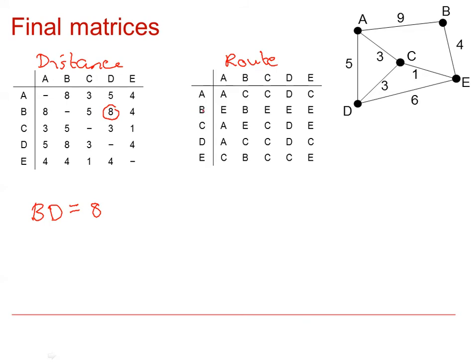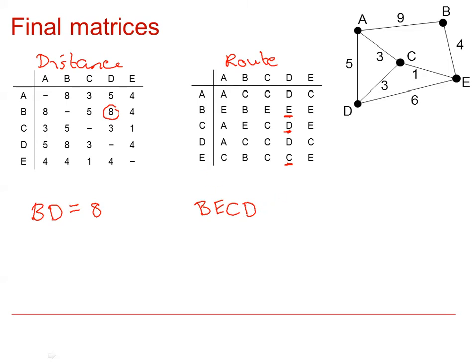We start at B, we know our destination is D, so we go to the D column, and we can see that the first vertex we hit is E. So we start at B, we go to E. Then we go down on the left to E, we go across to the D column again, and we can see that the next one we go to is C. And then we go over to C on the left, we go to the D column, and we can see that D appears, which means we must have found the shortest route.